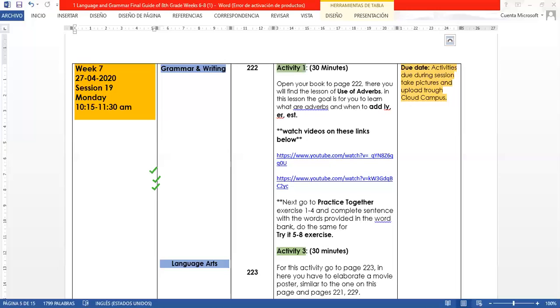So in this case, we have the ly here, and if the adverb ends in ly, use more to compare two actions and most to compare three or more actions. Let's take a look at the examples the book is giving us, guys.